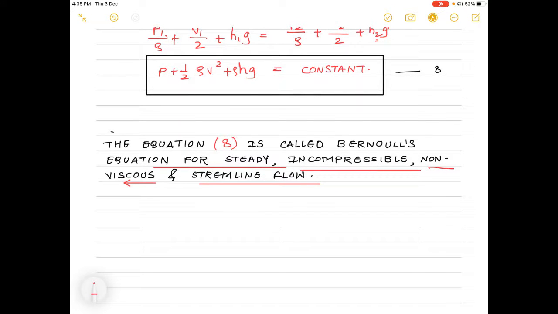Now this equation can also be written, as we have written previously, as P upon rho g plus V square by 2g plus H is equal to constant. Every term in this equation has a dimension of length, and it is called head. The first term is called the pressure head.